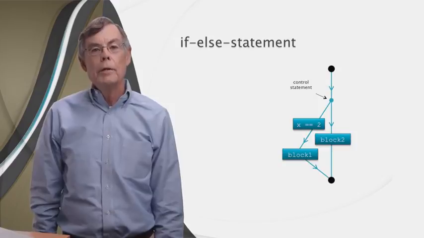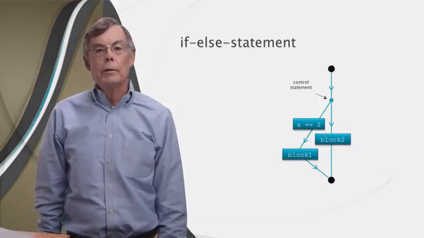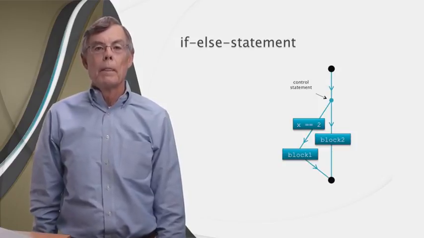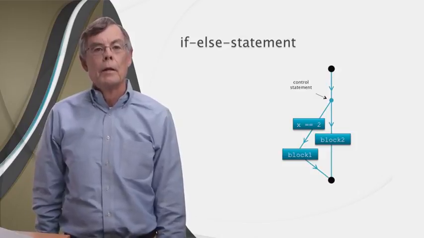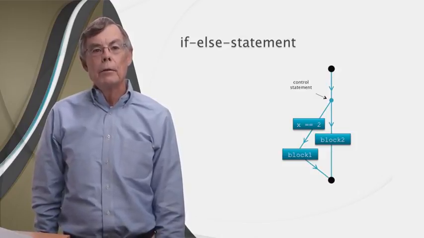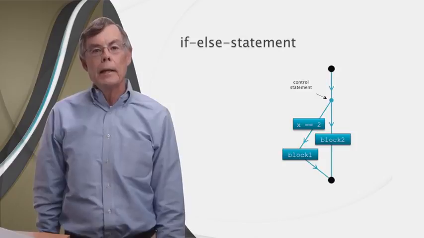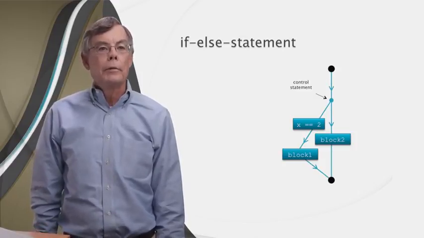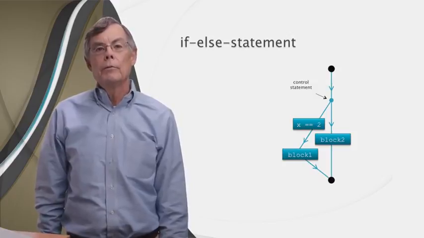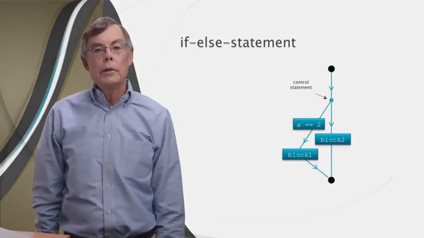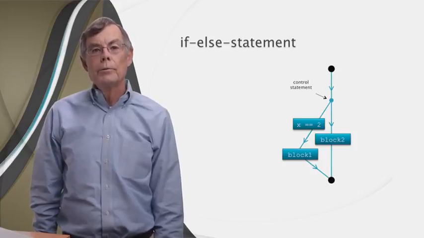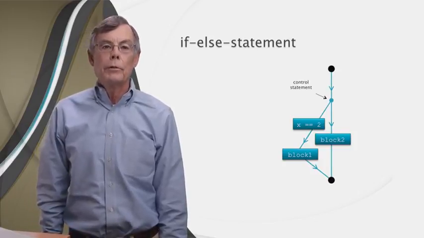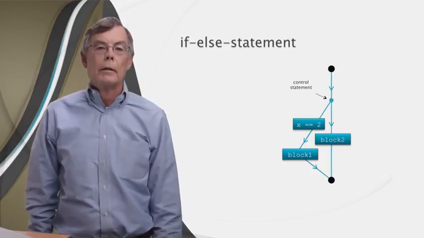Here again, the blue dot represents the control statement, in this case the if-else statement. And again, the blue lines with the arrows show the possible paths that MATLAB can follow through the statement. The branch that goes off to the left represents the case when the condition is true, that is, x equals 2. The box labeled Block 1 represents the set of statements that will be executed when this branch is taken.